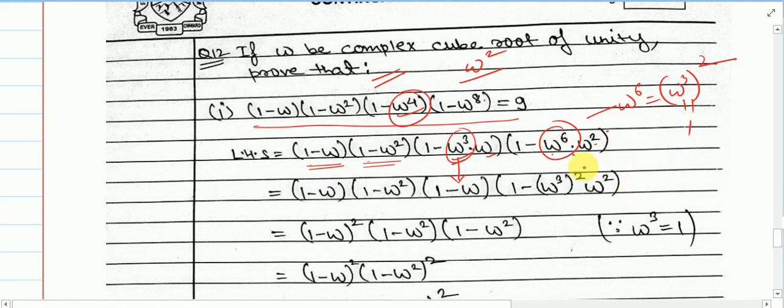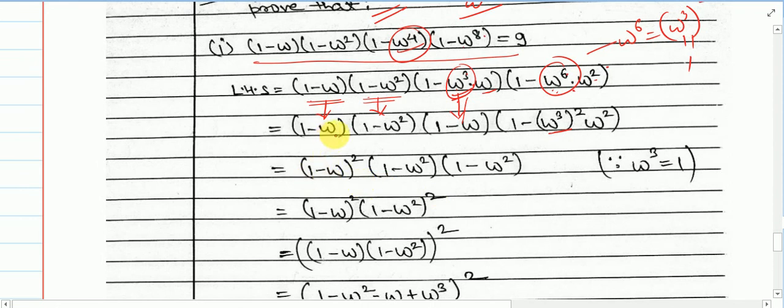So in the next step this is the same, but here omega cube is 1, so I'm only left with omega. In the next step this is 1 minus omega, this is also 1 minus omega, so we get 1 minus omega whole square. And this is 1 minus omega square, and here this is equal to 1, so we are only left with 1 minus omega square.